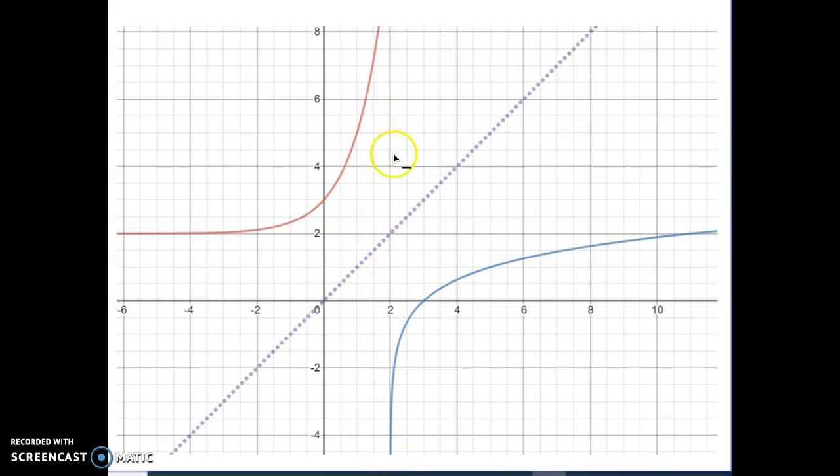But the truth is there is a vertical asymptote right here, just like there's a horizontal asymptote right here. So just like this one is getting closer and closer and closer to y equals 2, this one is getting closer and closer and closer to x equals 2 without ever reaching it. So even though it appears to lay directly on that line, it's not. So this one is in fact one-to-one, this one is invertible, and this one is in fact a function.